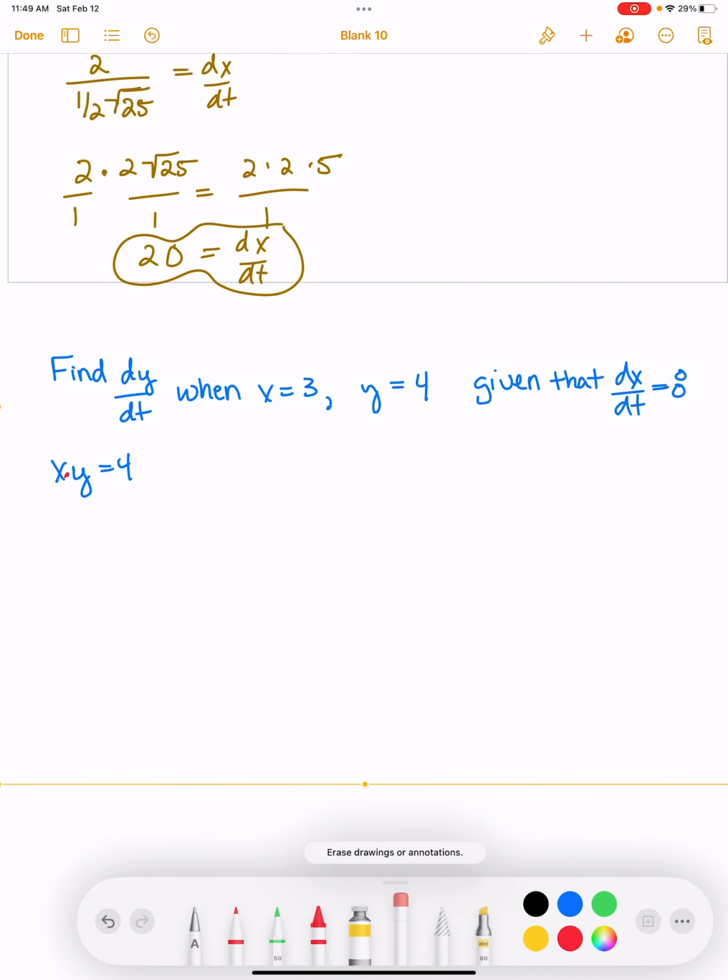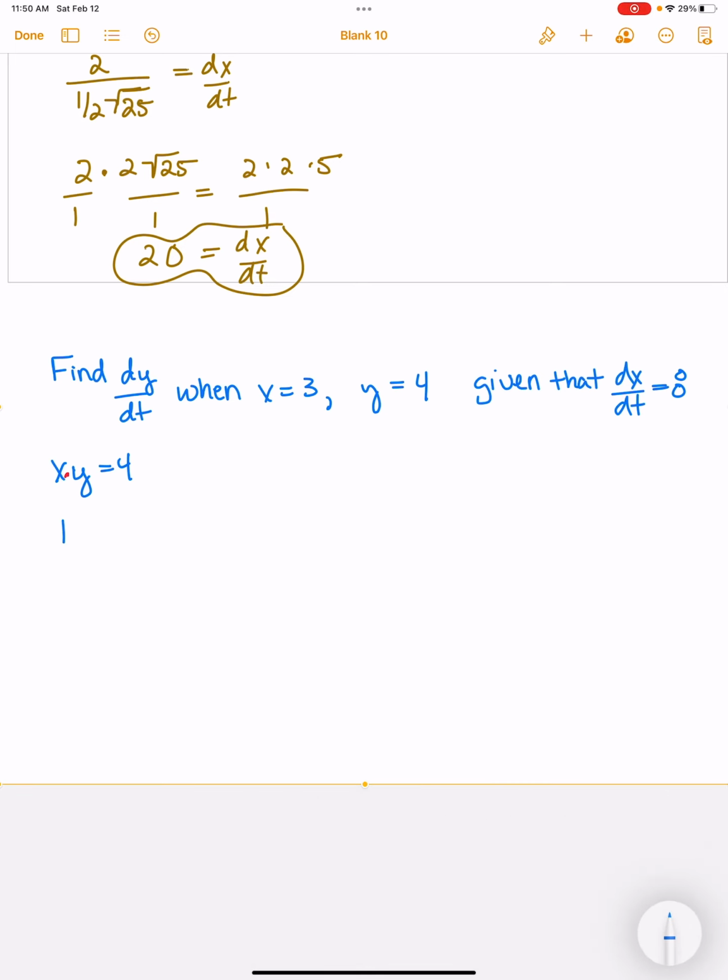So what we're going to do then is take the derivative of the first, but remember, it's not just 1 now, it's also the derivative of x with respect to time, times the second, which is just y, plus the first, just how he is, times the derivative of the second, which is 1, times, remember we have to also differentiate y with respect to time, equals, and that's still 0.